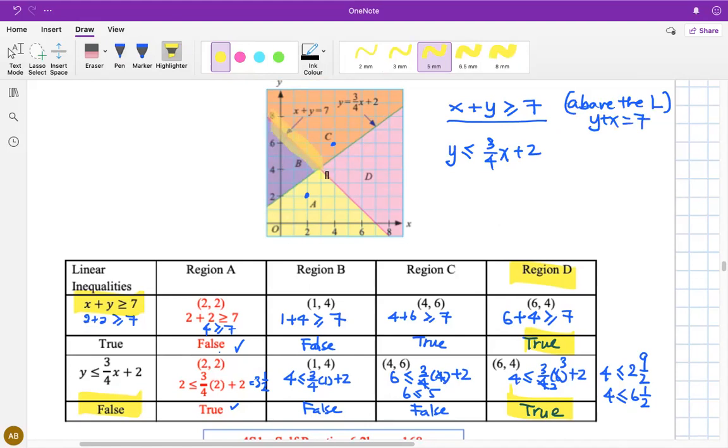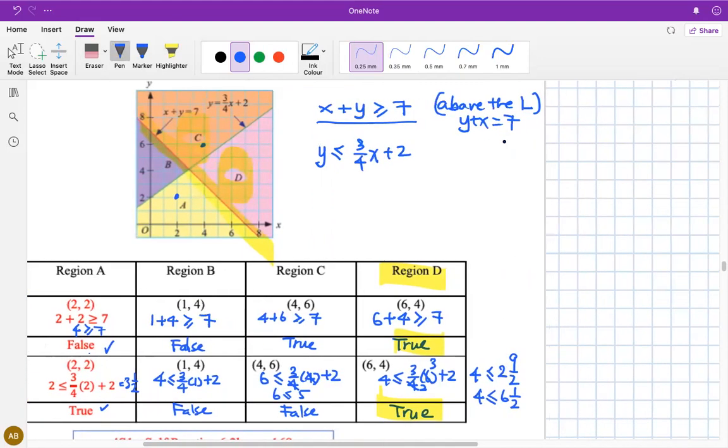Here is the line. So you can see here C or D, right? C or D. So we write down the alphabet C and D, all right? Then y is less than or equal to, so it is below the line y equals 3 over 4x plus 2, right?